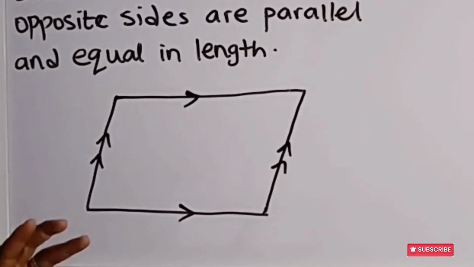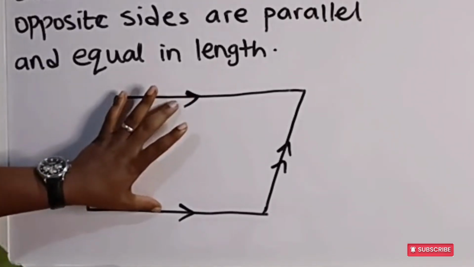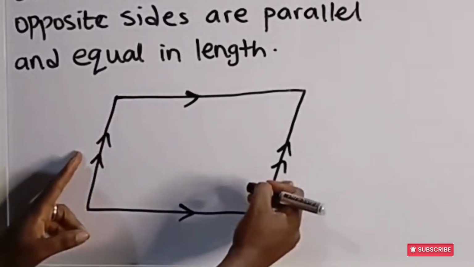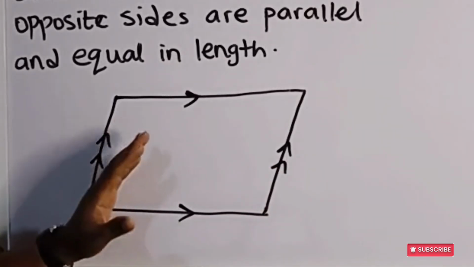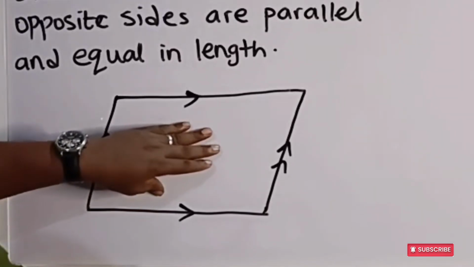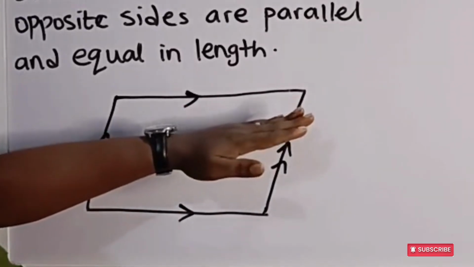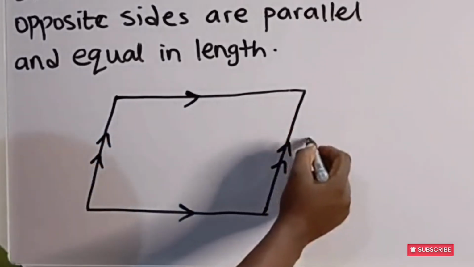If you look at the drawing, you can also see visually that these two sides are equal, and these two sides are equal. So it looks like a rectangle. The only difference is the angle. It is slanting, leaning towards the right for this particular shape.